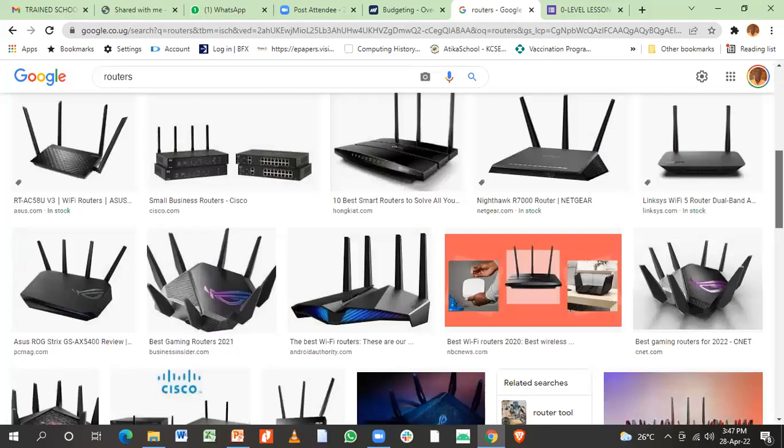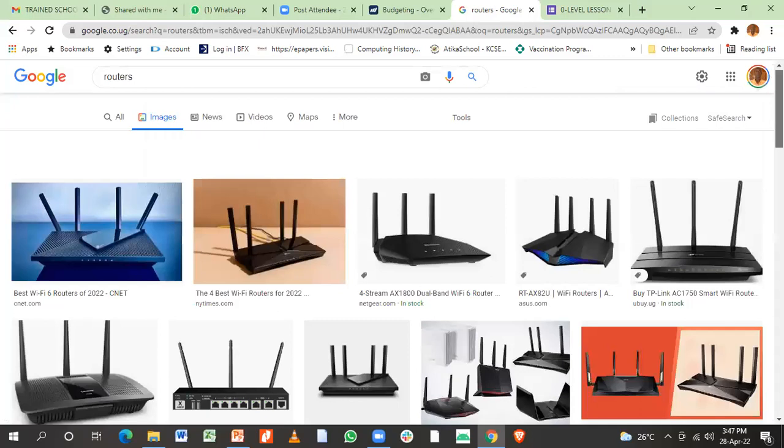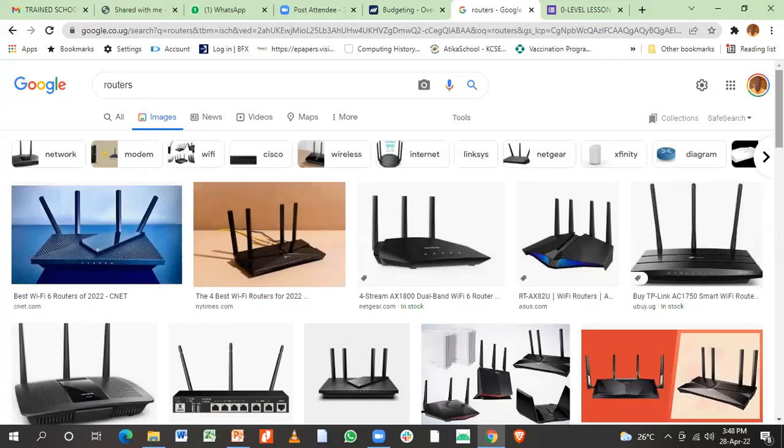So I asked our lab technician, because we always go to the labs every Wednesday for ICT lessons, why is it that most of the times when we go there, the internet is not on the computers? Then he told me that the Wi-Fi router is 2-in-1.